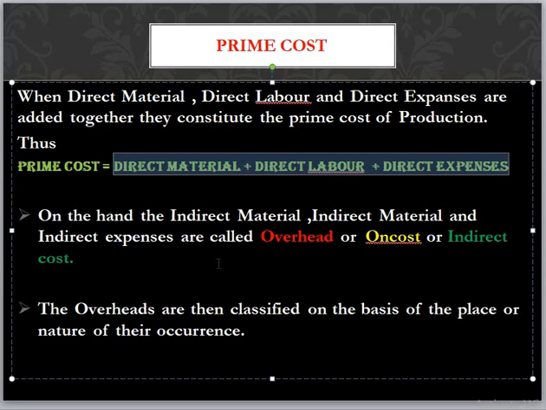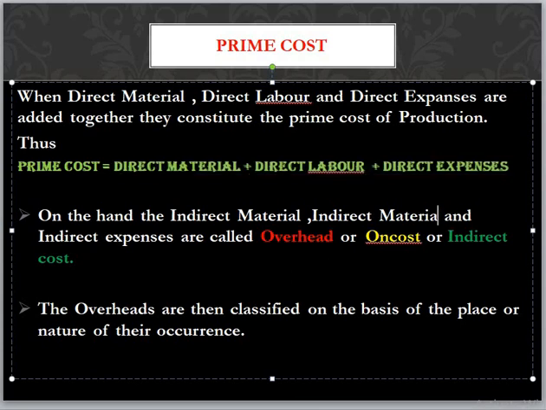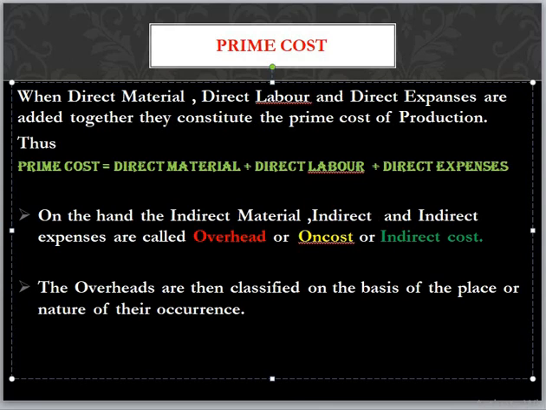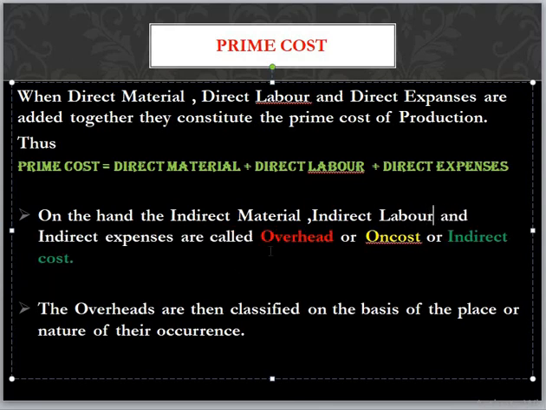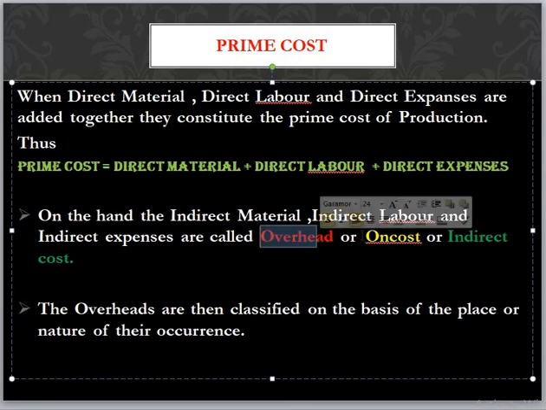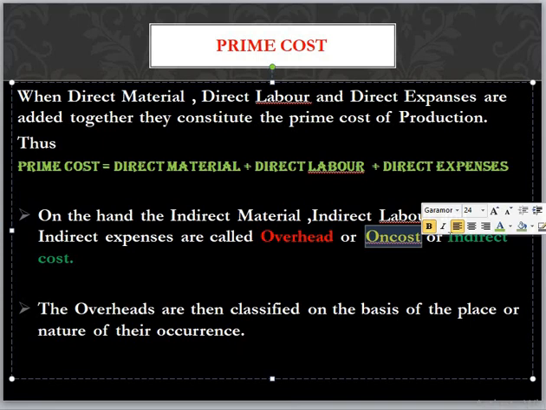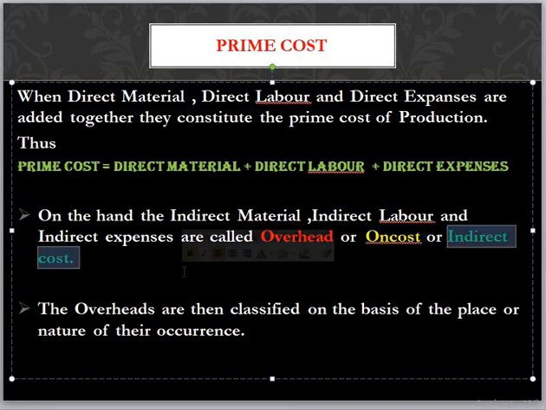On the other hand, indirect material, indirect labor and indirect expenses, when taken together, are called overhead or on cost or indirect cost.